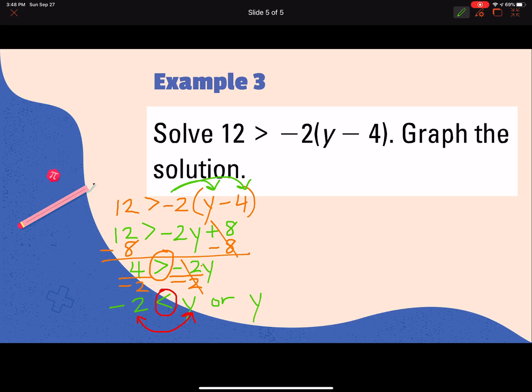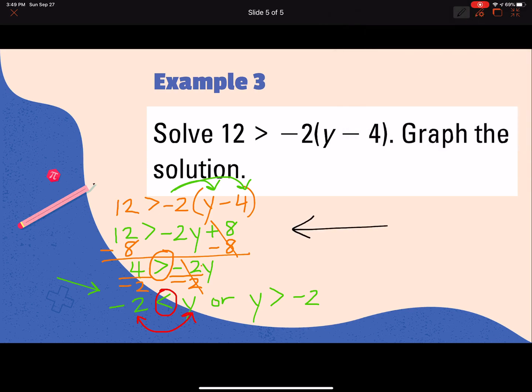So now I'm going to flip my y and my negative 2, and my inequality symbol is now going to go from less than back to greater than. So this example involved us flipping the direction of the inequality symbol twice, actually. Once up here. And then in order to graph it in this direction, we flipped it back.